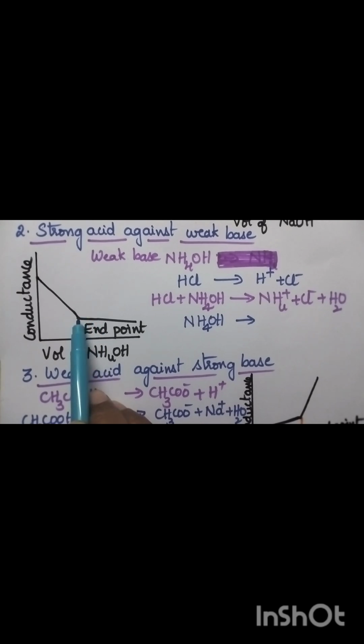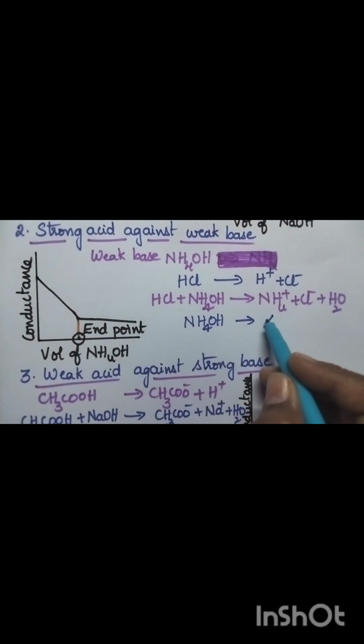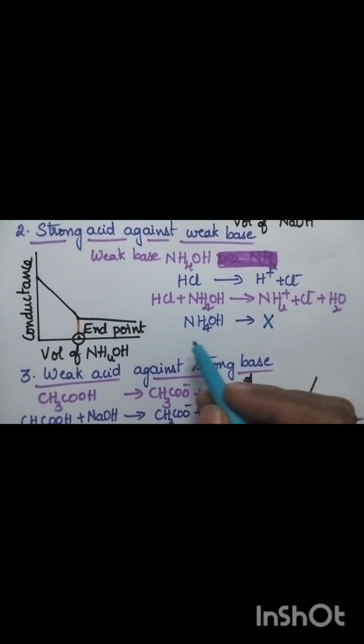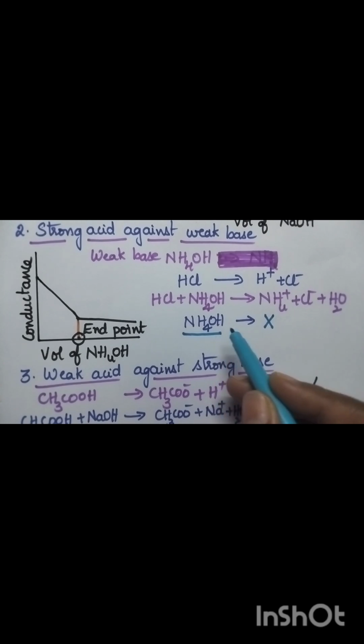After reaching the end point, if we go on adding NH4OH, then there will be no change in the conductance. Why? Here NH4OH is a weak base. It dissociates to a lesser extent. Hence, after reaching the end point, even if we go on adding NH4OH, there will be no change in the conductance.